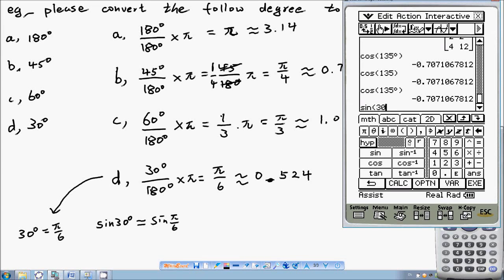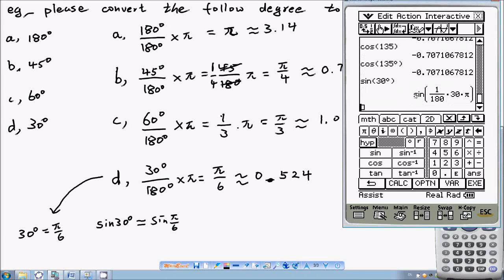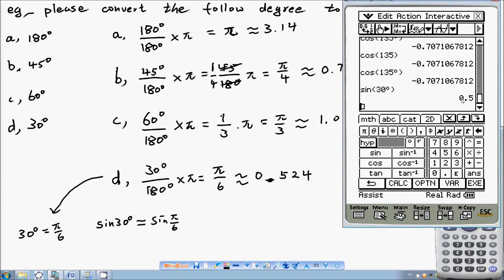30 degrees. The little degree symbol is in your keyboard. Don't forget to enter it. Let's highlight it and click here. They give us a value of 0.5. It's very important to input the little circle there, otherwise you won't get the answer. I'll do an example to show you.